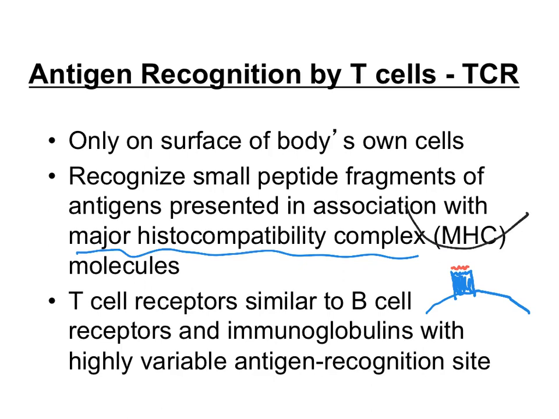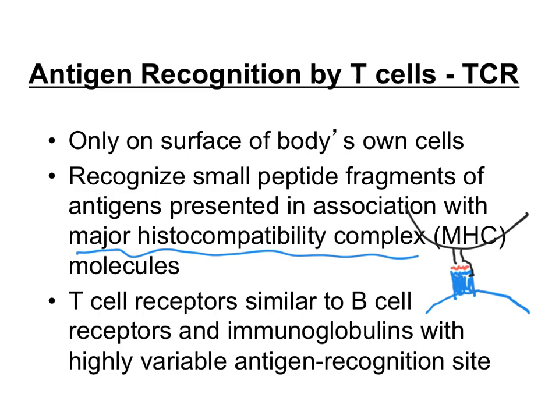And the T cell receptor has to recognize both the peptide as well as the MHC. And I'm not drawing that at all correctly. There's additional molecules that do this, but the idea is that T cells recognize peptides in combination with MHC.